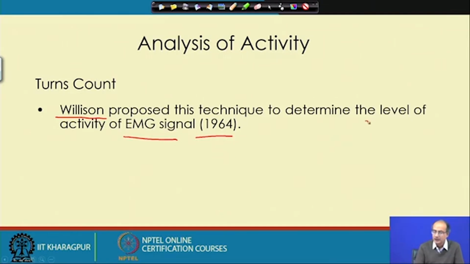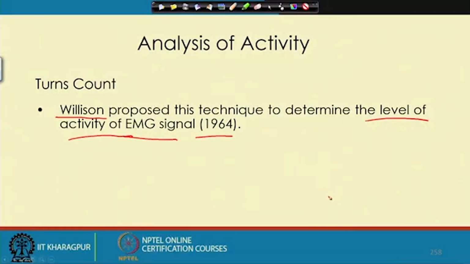They wanted to find out the level of activity of the EMG signal, that means when we try to do some activity with the help of the muscles, maybe lifting a small weight, how much effort we need to give can be measured by the EMG signal.